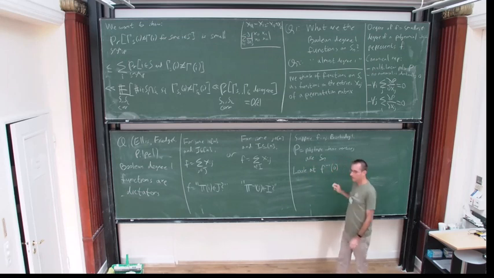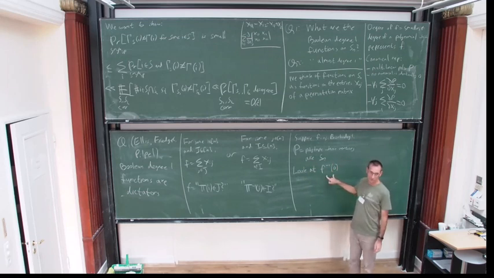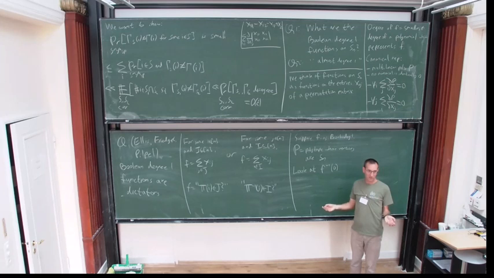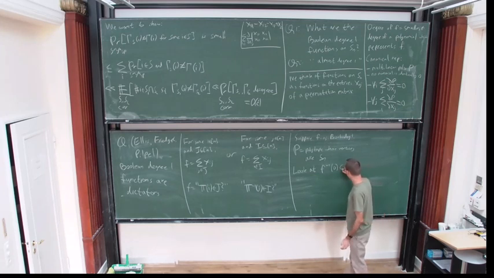And now we're going to look at f inverse of 0. Because f is a linear function, f attains its minimum over the entire polytope at a vertex, so its minimal value is 0. Let's assume it's not the constant 1.